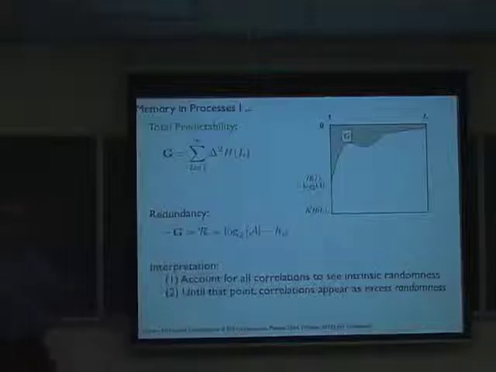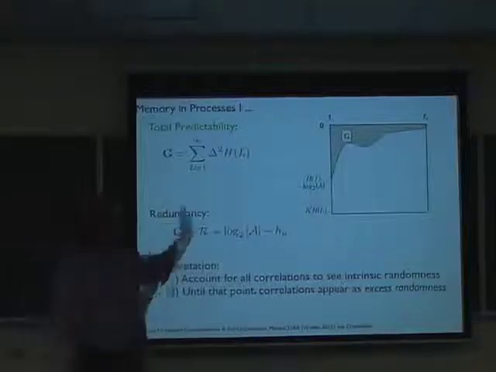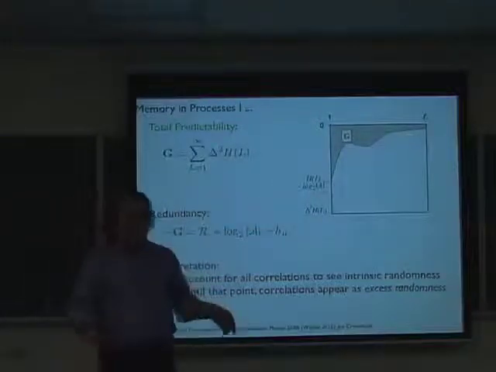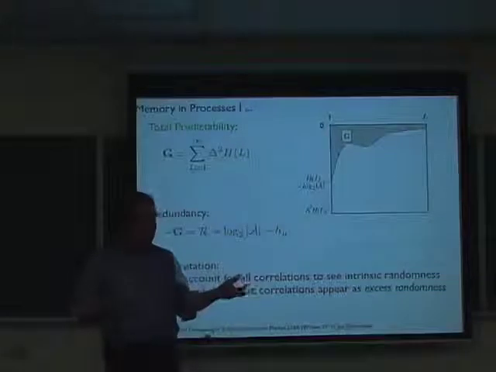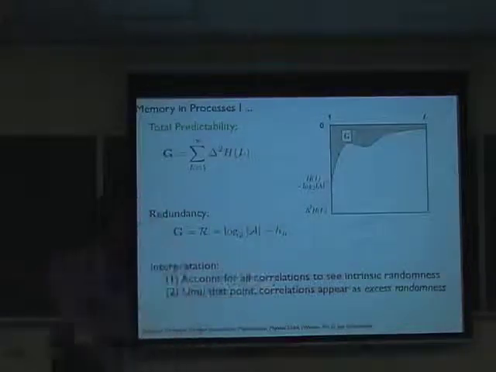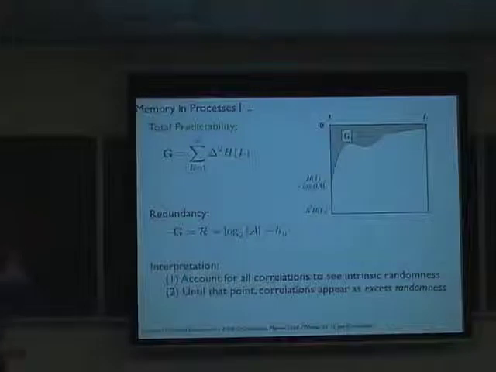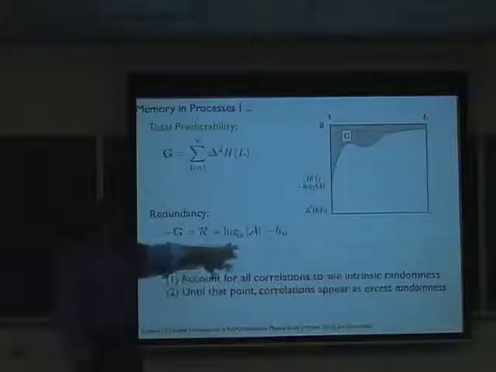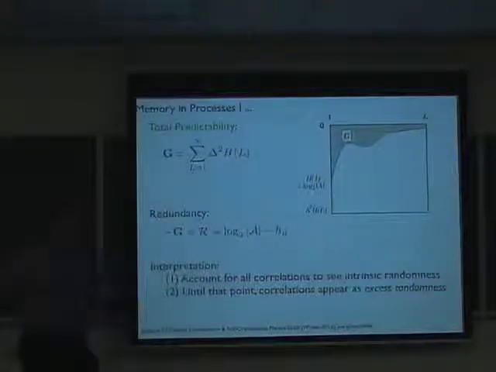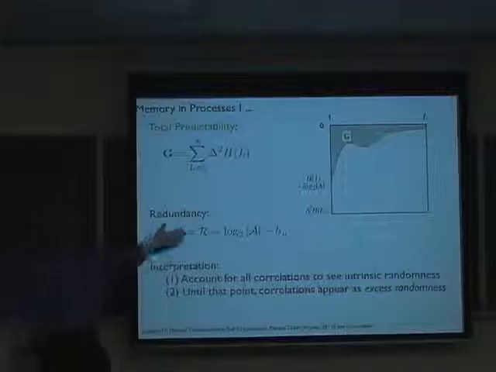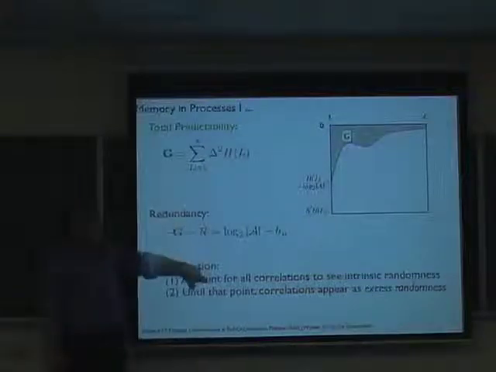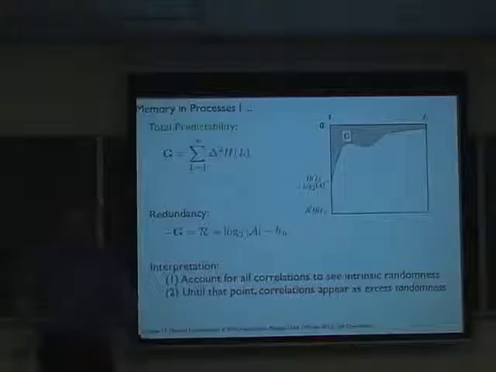In some sense, it's the amount of information you have to extract to see the true randomness, which is another way of phrasing what we meant by convergence, getting to the asymptotic value. So this is the amount of information you extract to account for all the correlations. Once you get all the correlations, you're conditioning on a long enough history, then you can see the true randomness of the source. Fall short of extracting this many bits, the process appears more random than it really is. There's excess randomness, apparent randomness.